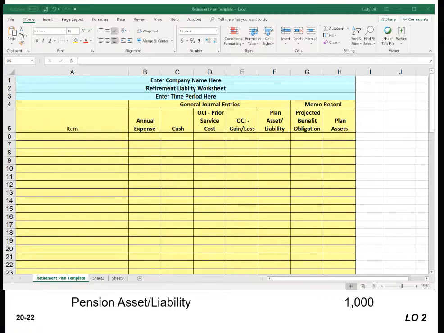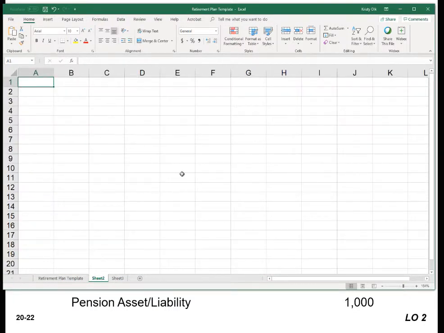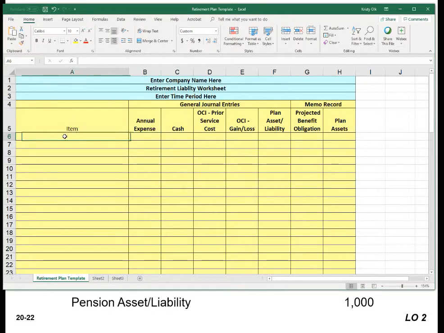It's got the annual expense, the cash, the prior service cost, the gain or loss, the pension asset liability, the projected benefit obligation, and then the plan assets. And so to illustrate this one, I'm going to give you the information here. Actually, I'll read it as we go.